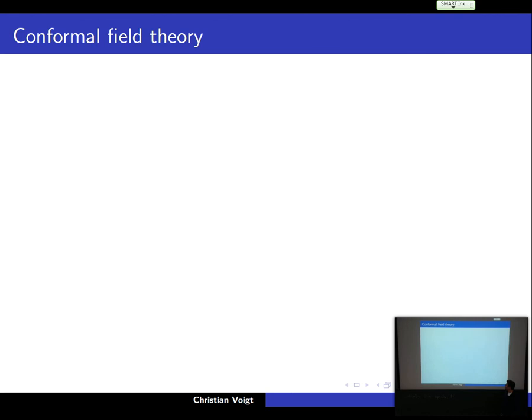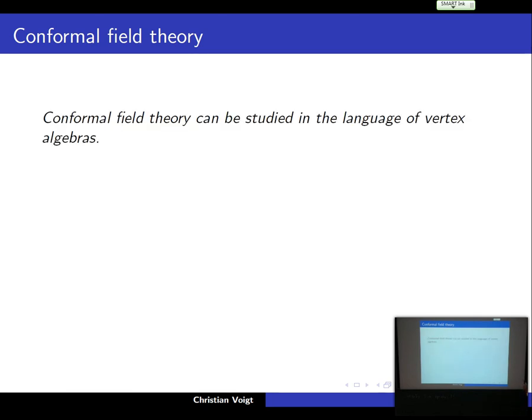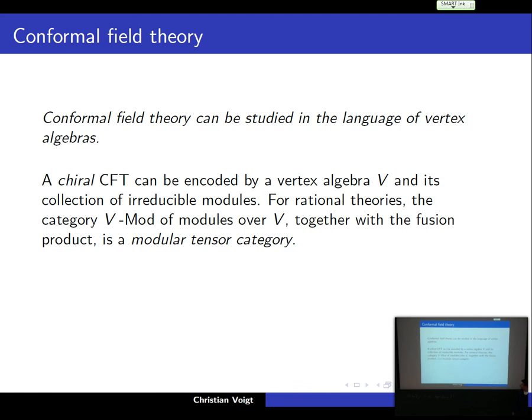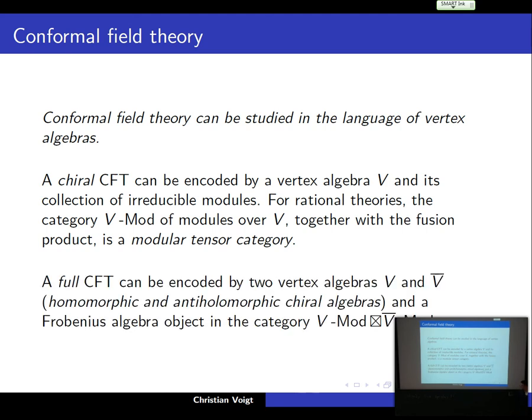Okay, very briefly, conformal field theory. There are various mathematical frameworks for describing conformal field theory, and one of them is vertex algebras. I will not say very much about conformal field theory at all. Just very basically, one always has to distinguish between chiral CFTs and full CFTs.